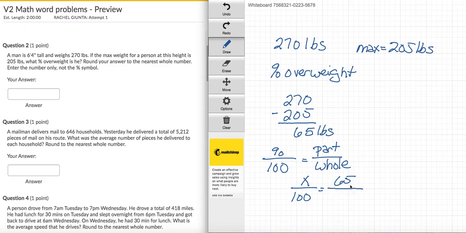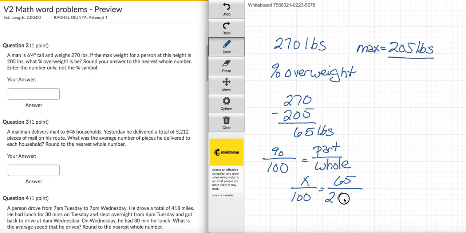In this case, when you're actually calculating percent overweight, you always use the target weight, in this case the max weight, as the reference and not the actual weight of the individual. That's just how percent overweight is calculated.